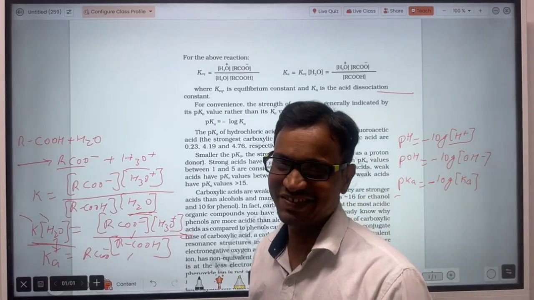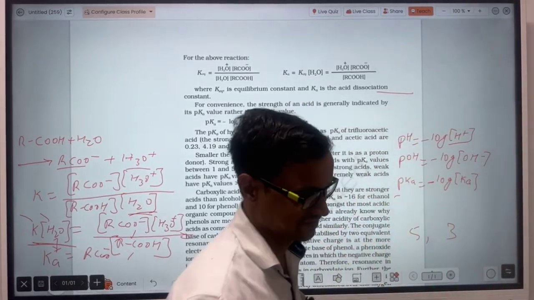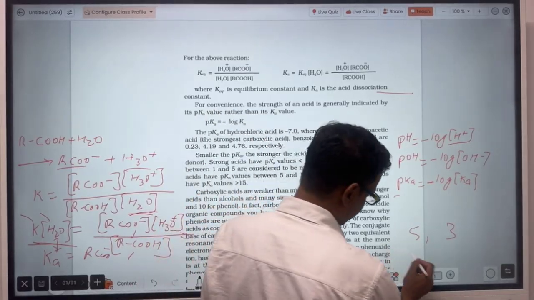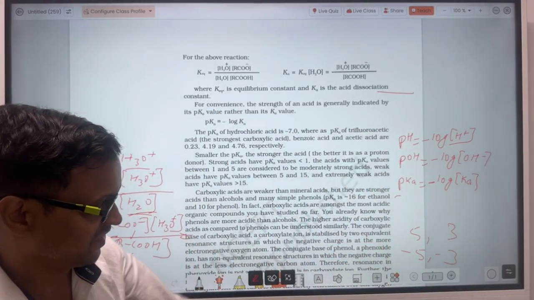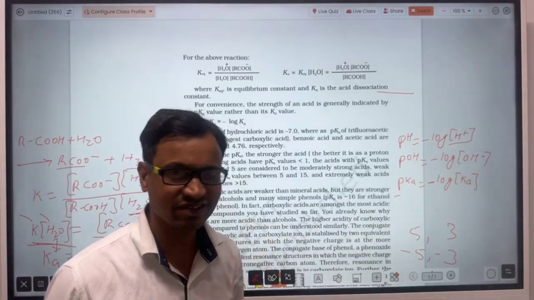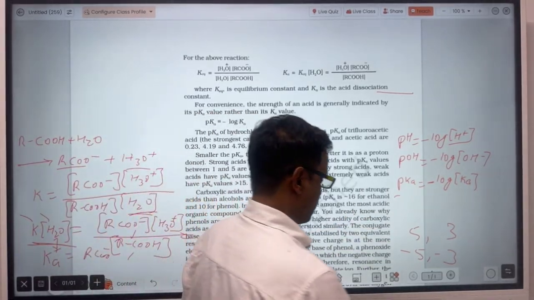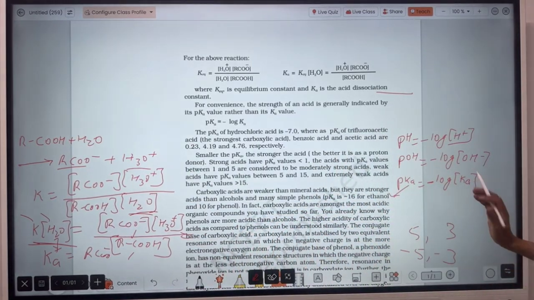Before that, tell me, between 5 and 3, which one is greater? After inserting the minus sign, it becomes minus 5 and minus 3. Which one is greater? So pKa equals minus log Ka, and the greater the value of pKa, the less acidic the compound.